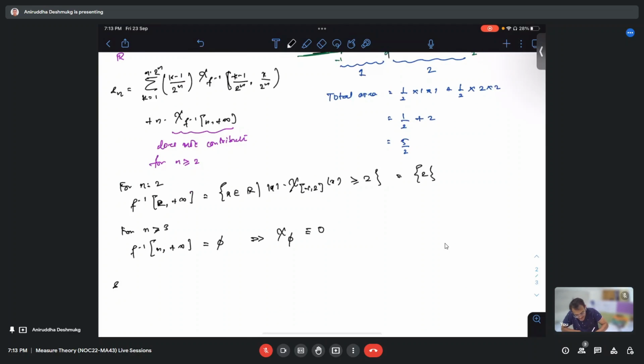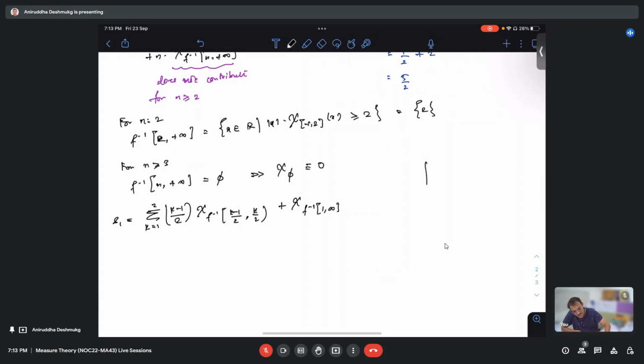So S1, this is the sum for k from 1 to 2 of (k minus 1) by 2 times chi of f inverse of [(k minus 1) by 2, k by 2) plus chi of f inverse of [1, infinity).